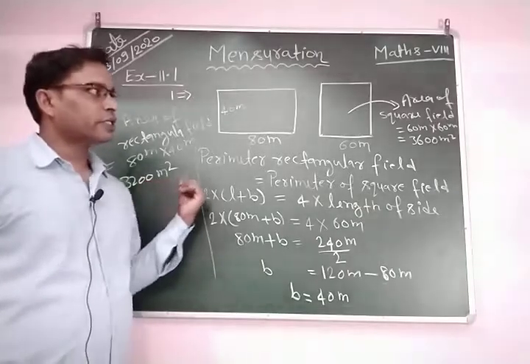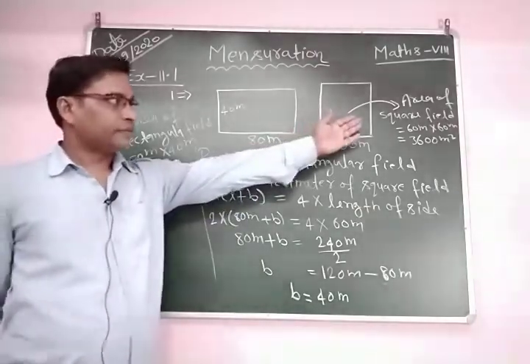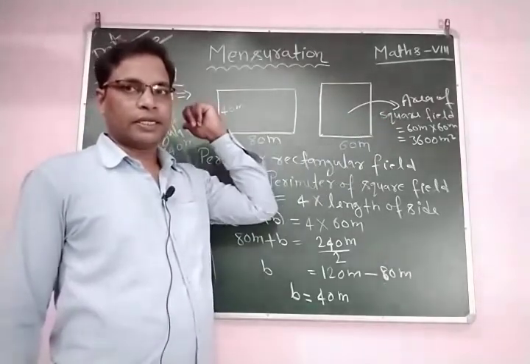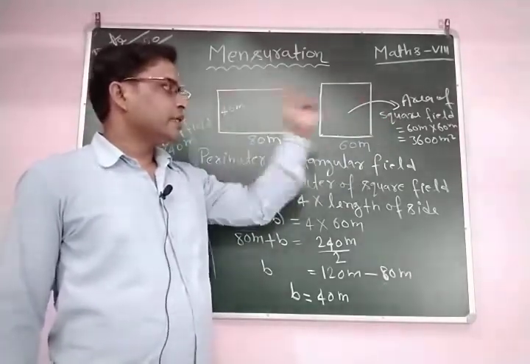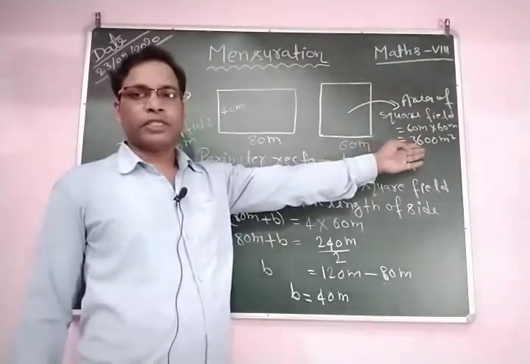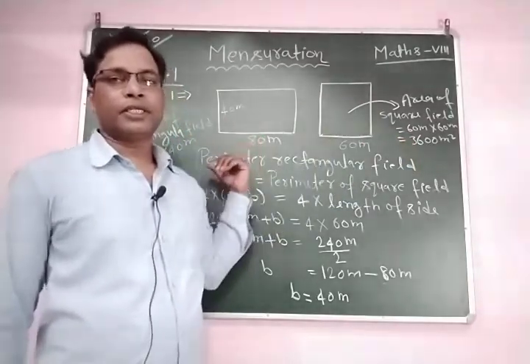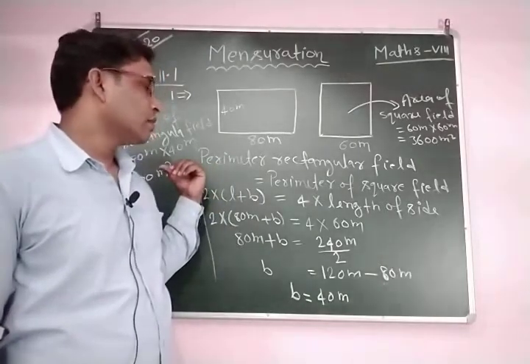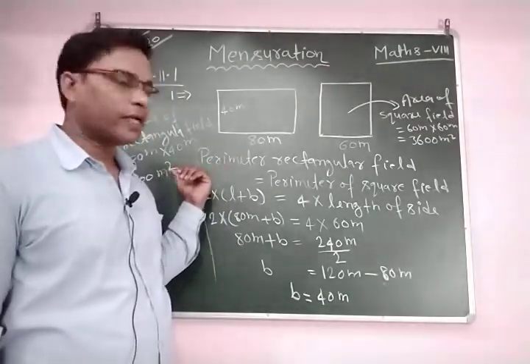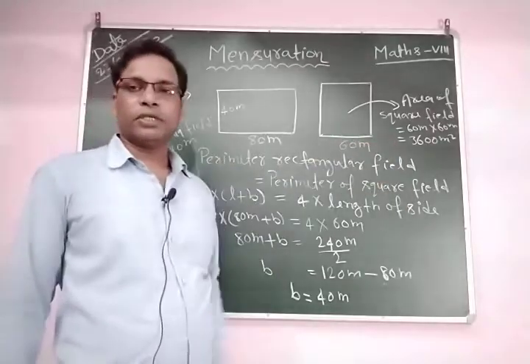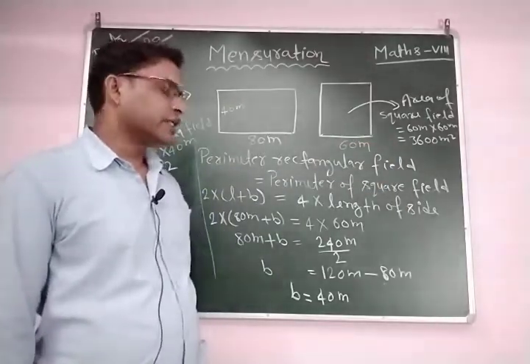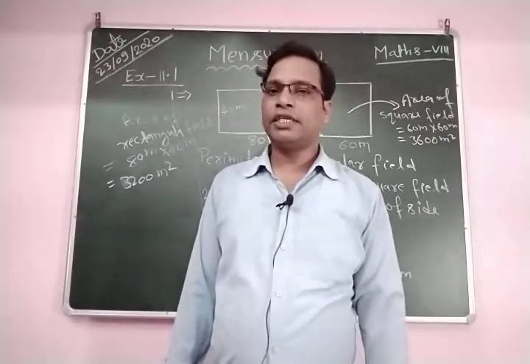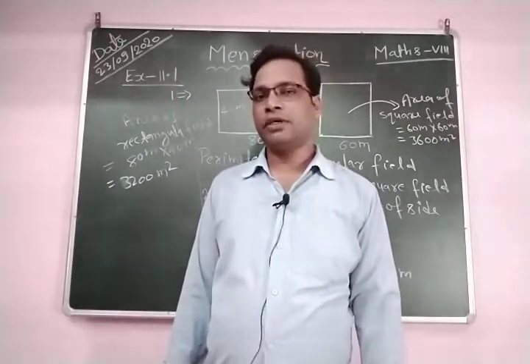So in this way you can say the area of the square is greater than the area of the rectangle, because the area of the square is 3600 meter square and the area of the rectangle is 3200 meter square only. So you can say the area of the square field is larger than the area of the rectangular field.